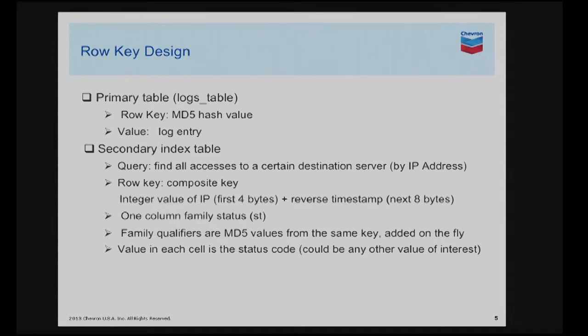So that's why we came up with the secondary index table at the programming level. In that table we basically design a row key that has the IP address in the first 4 bytes, followed by the reverse timestamp. This is pretty much a standard approach in HBase tables. What is different in our project is that we add the MD5 checksum on the fly when we parse each of the log entries.